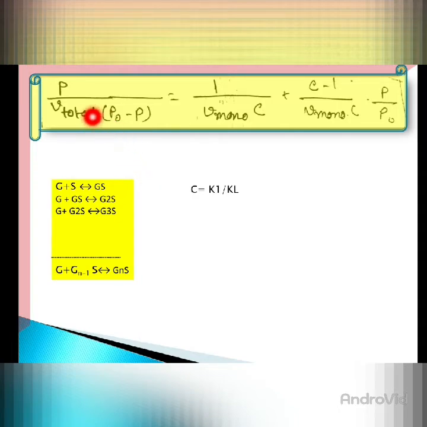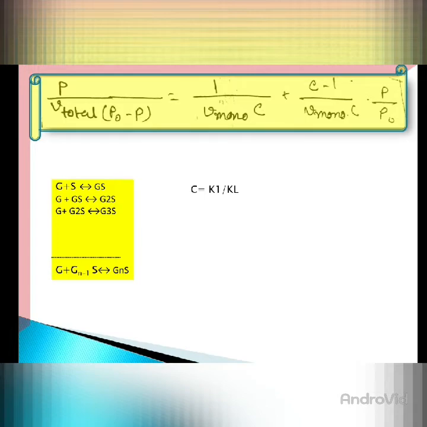Now P0 is the pressure at time 0, that is when the first layer formation occurs, and V total is the volume of the total adsorbed gas molecules, and V mono is the volume required for the monolayer adsorption.